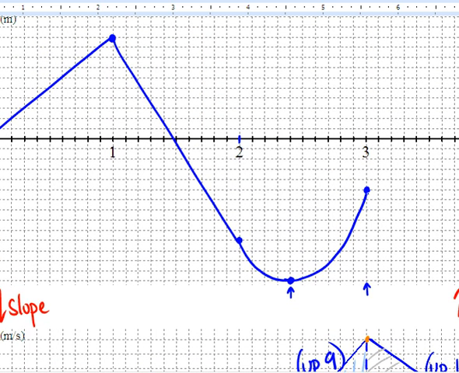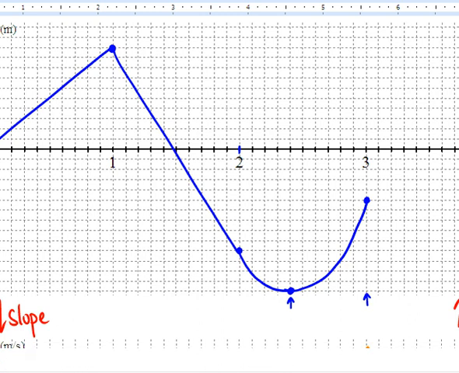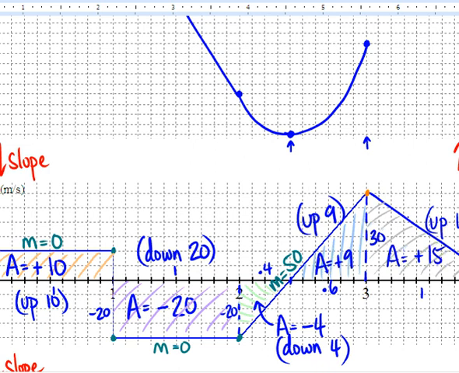And it looks like we left off at negative 5. So by 4 seconds, we need to be 15 meters above that. That's going to take us to 10. And how do we join those 2 points? Well, here, if we look, we've got a negative slope from 3 to 4 seconds on our velocity time graph. That means this thing is slowing down, decelerating, negative acceleration.